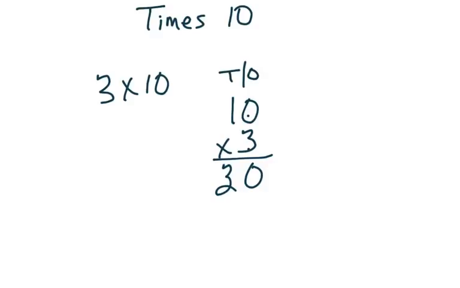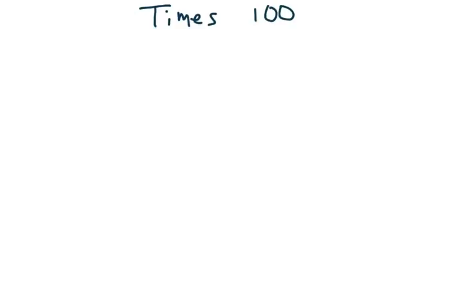That way I can make sure I keep everything in line. So that's 3 times 0 ones. If you have 0 ones, when you multiply that, you're still going to have 0 ones. And 3 times 1 ten is 3 tens, or 30. So we're still looking at that same number.